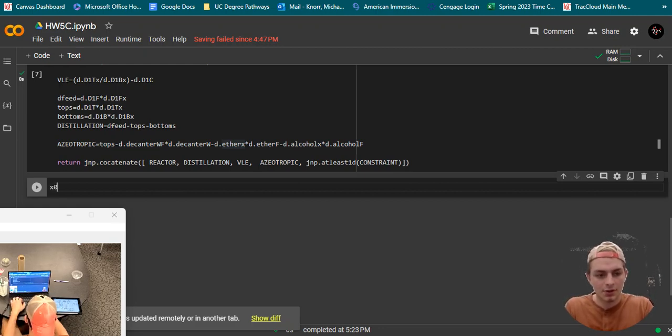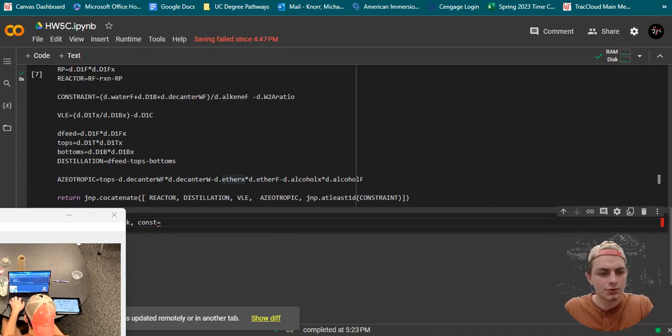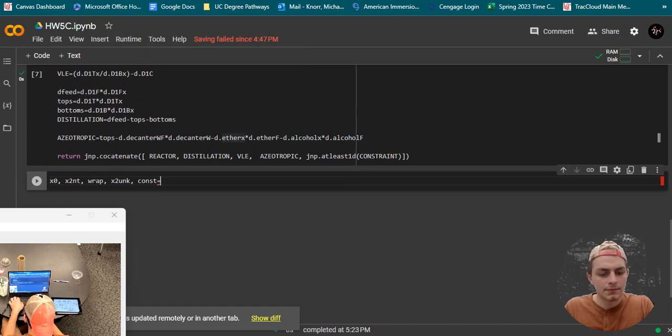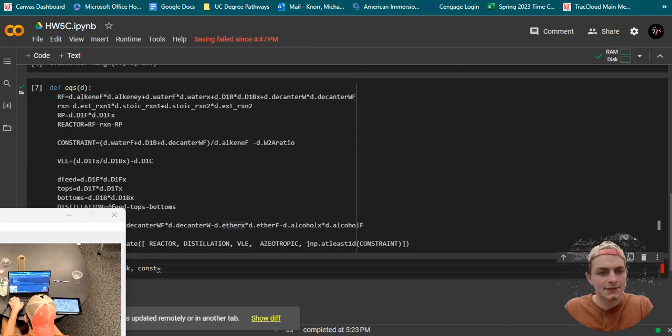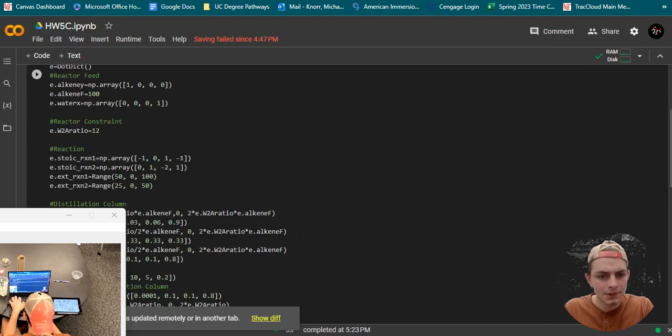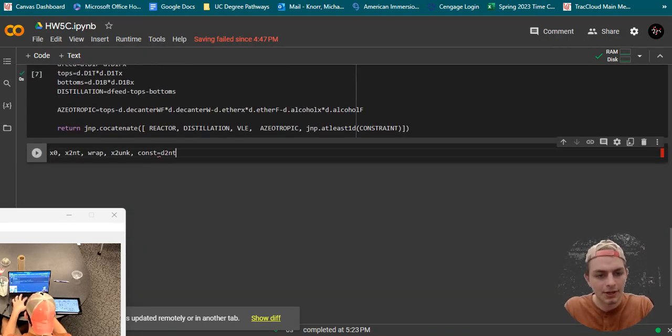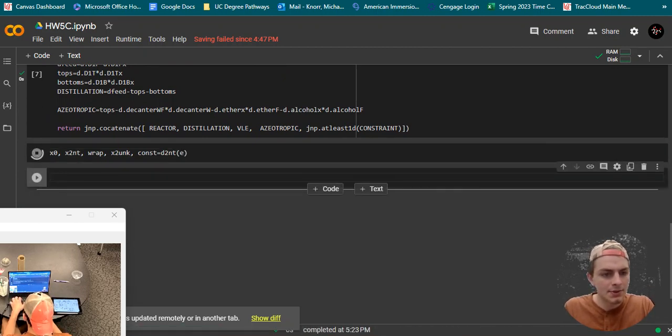Okay, so from here, we need to return our x0, x2, and t, our wrap function, our x2 unknown, and our const. Those are what we break up with our dictionary to named tuple here for our dictionary E. And let's hope that works.